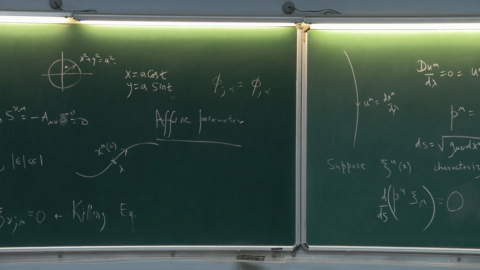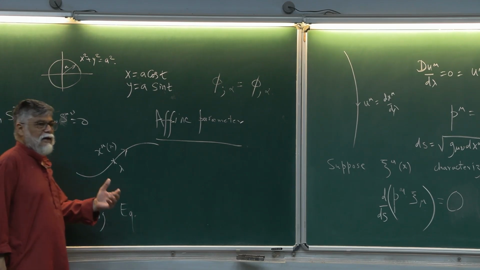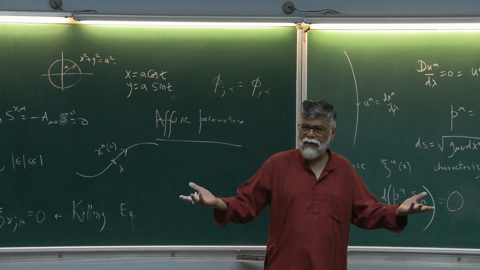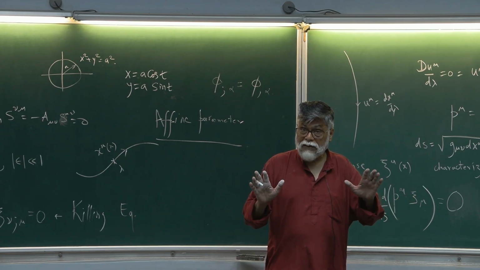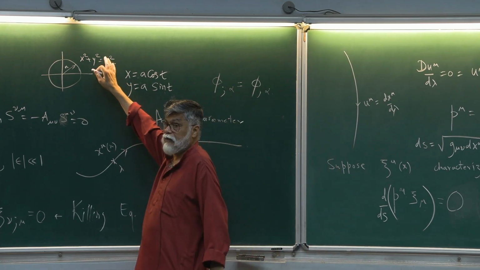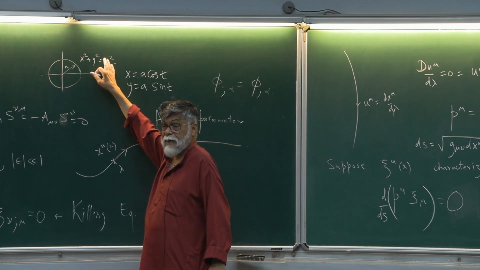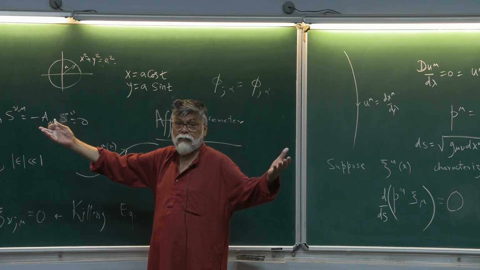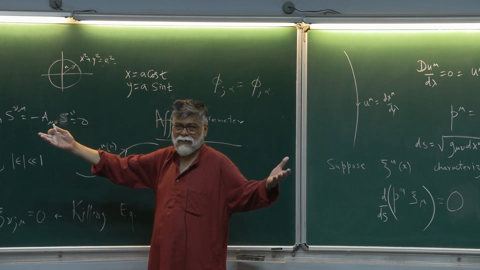Someone will say, well, that's one parameterization, but why not I choose some theta square as my parameter? That's also valid. So ultimately it boils down to this: the circle's equation x square plus y square equal to a square, the same equation can be described by an infinite number of affine parameters.